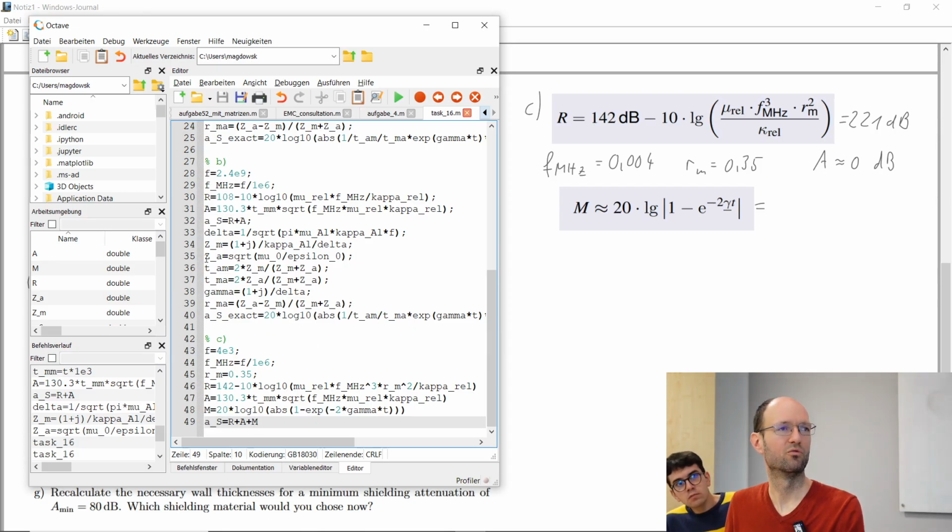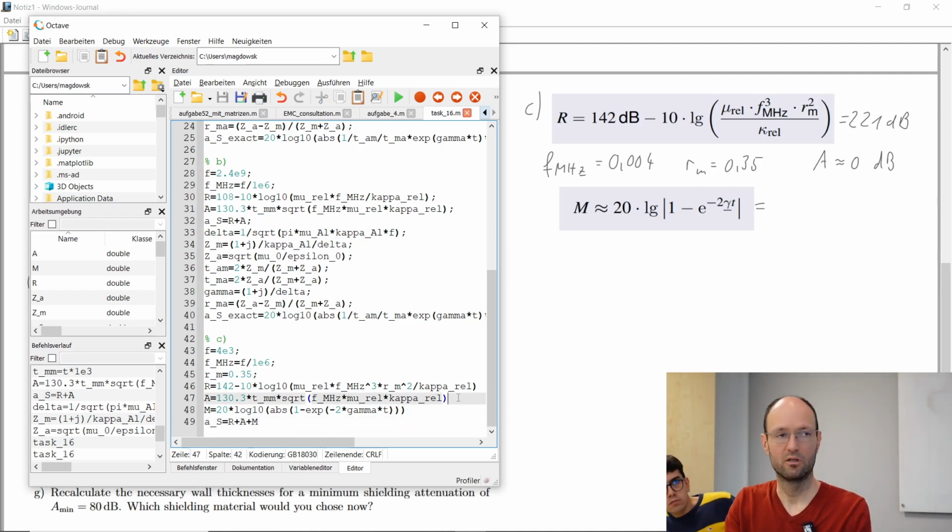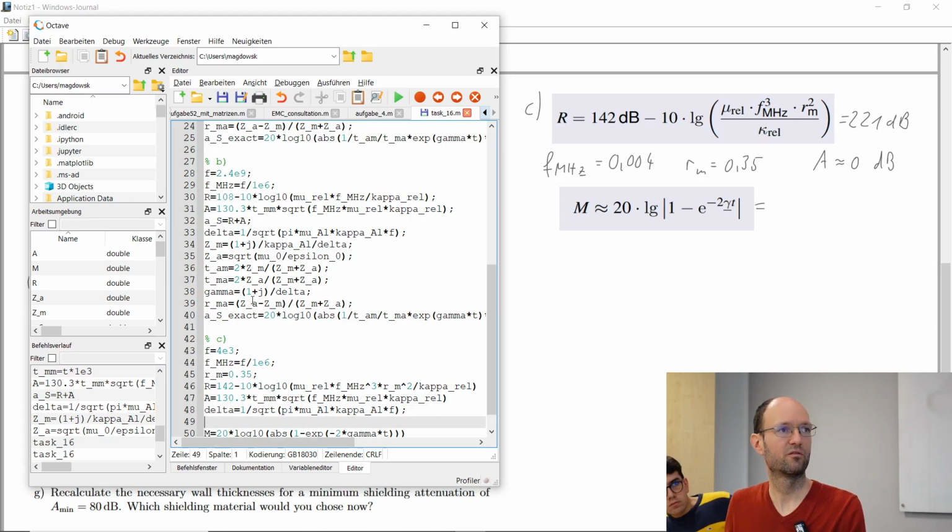Yeah, probably I need to recalculate, of course, gamma first. Gamma still has the old value. So we need to have delta at first, and from delta we can calculate gamma.